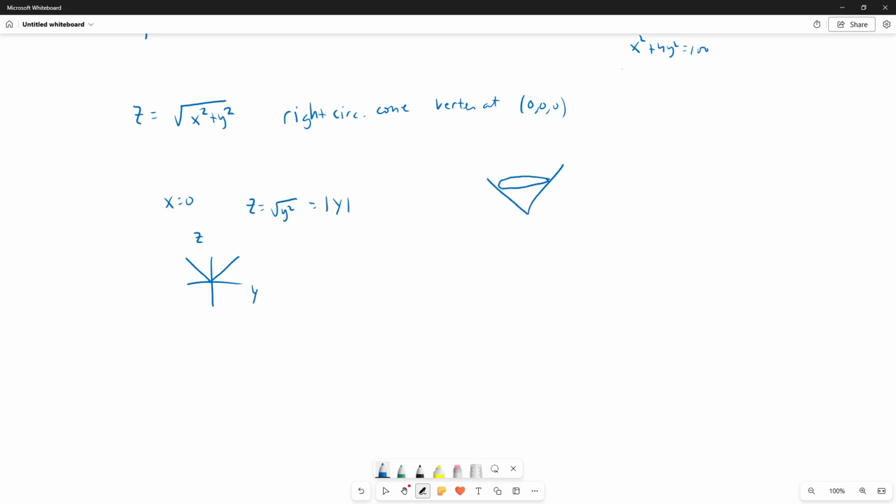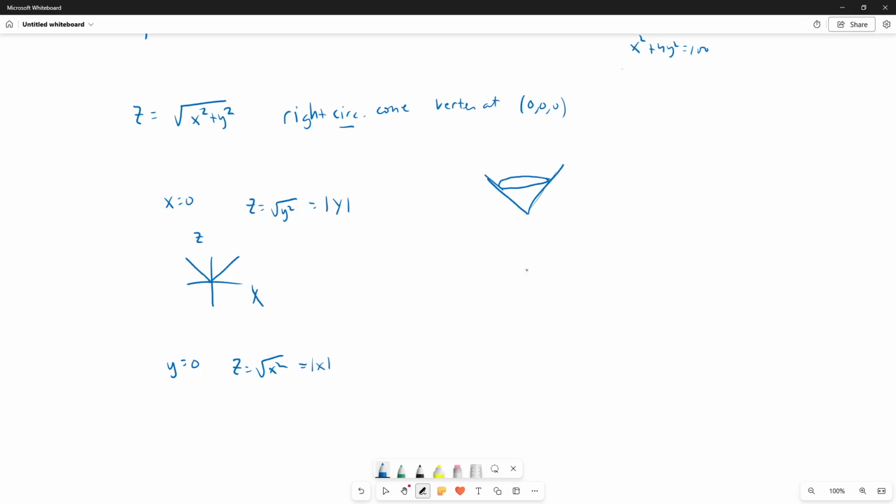The cone would have that absolute value feature together with, since it's a circular cone, a circular feature as well, and we'll discover that when we look at the level curves. The other trace in the xz plane, y equals 0, so z equals the square root of x squared, which is the absolute value of x, so it's the same trace, just turned 90 degrees in the x-axis.